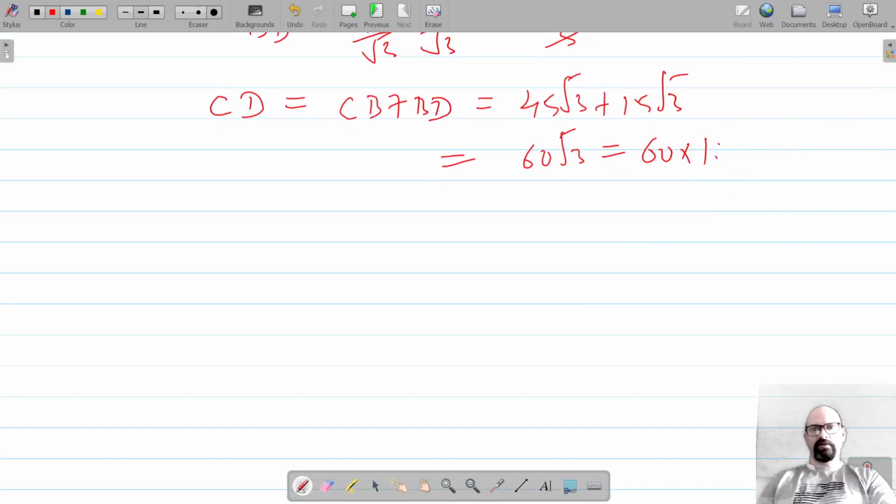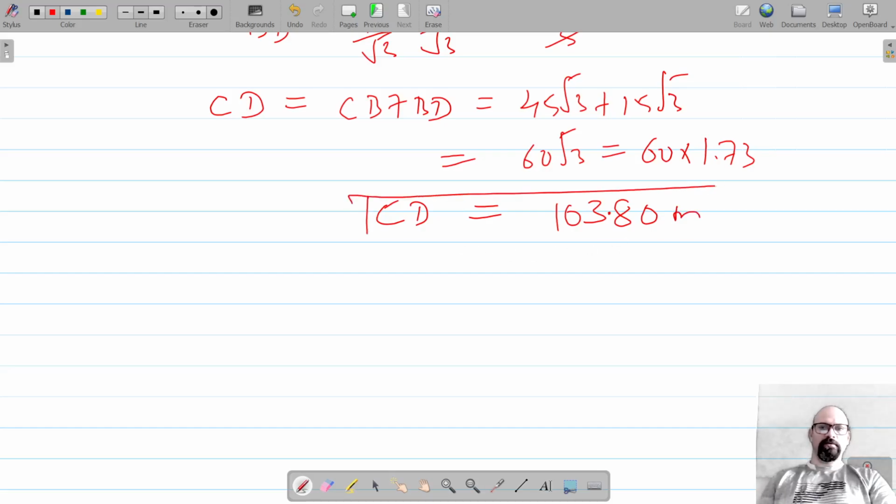So if you multiply 60 by 1.73, we get 103.8 meters. So 103.8 meters is the distance between the ships.